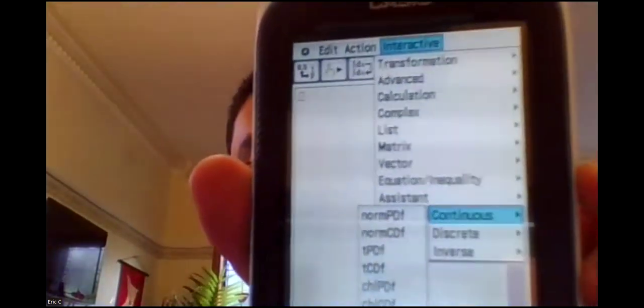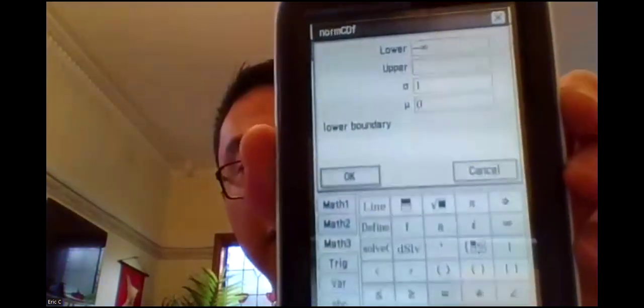We pull out our CAS, and then we go to interactive distribution and then continuous, and then select the normal CDF. For the lower bound, it's going to be negative infinity.